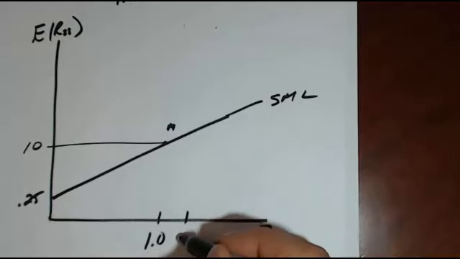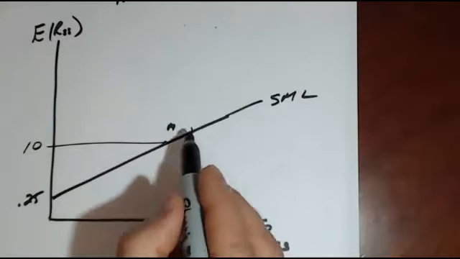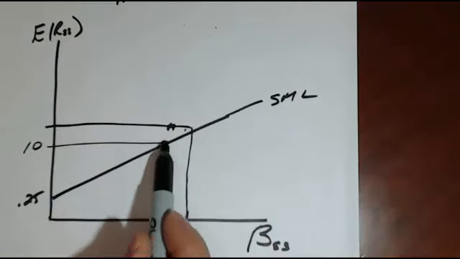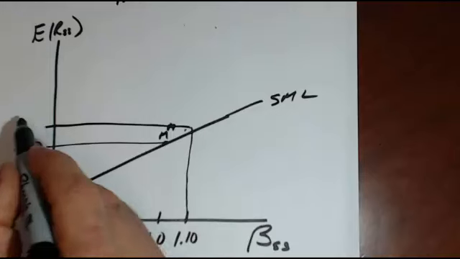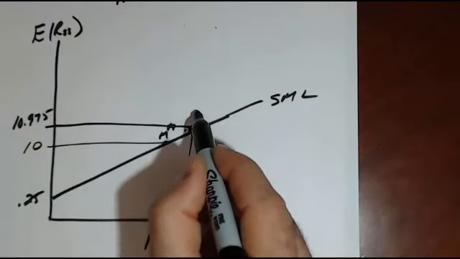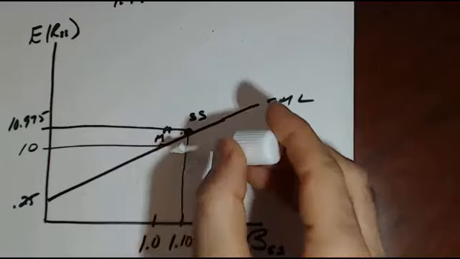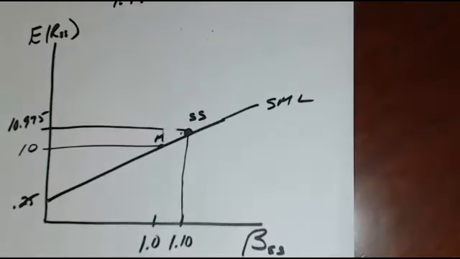Now, Shake Shack has a beta of 1.10, so it's got to have a return a bit higher than the market. Here's M, and this is 10.975. So here is Shake Shack right there. Let me get rid of this little M because it's a little confusing.